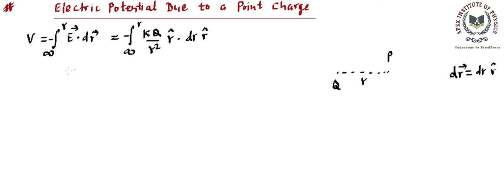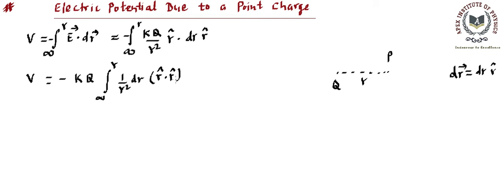Further simplification will lead to minus KQ, which are constants, integration from infinity to the location r, which is the location of point P, and this is becoming 1 upon r square dr, and in bracket we can write r cap dot r cap.